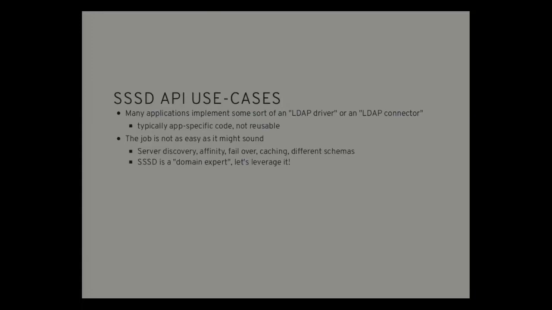Some of the problems are things like, which server should I talk to? We already heard about Active Directory sites. If one LDAP server goes down, what does the application do? It should, in the ideal case, connect to a different server. What if the network is completely down? In that case, you might want to keep serving some data from your cache.